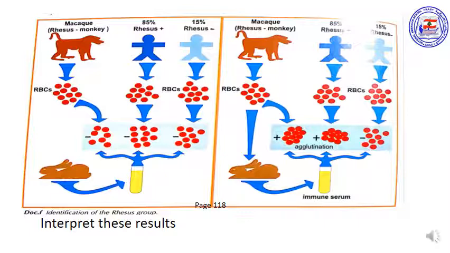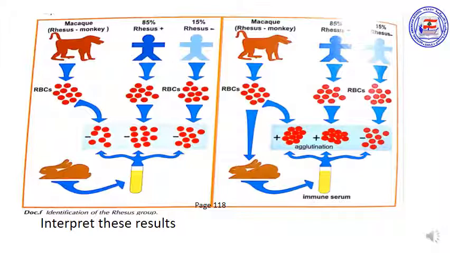On the contrary, there is agglutination of red blood cells of the monkey and of red blood cells of a rhesus positive individual when they are mixed with the immune serum of the rabbit that has previously received the red blood cells from the rhesus monkey. And there is no agglutination of red blood cells of the rhesus negative individual. This shows that the rabbit produces and secretes anti-rhesus only after the contact with the rhesus antigen.